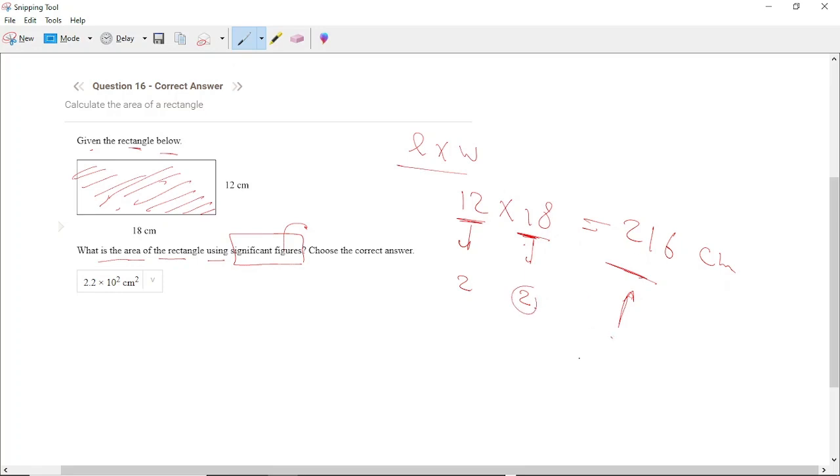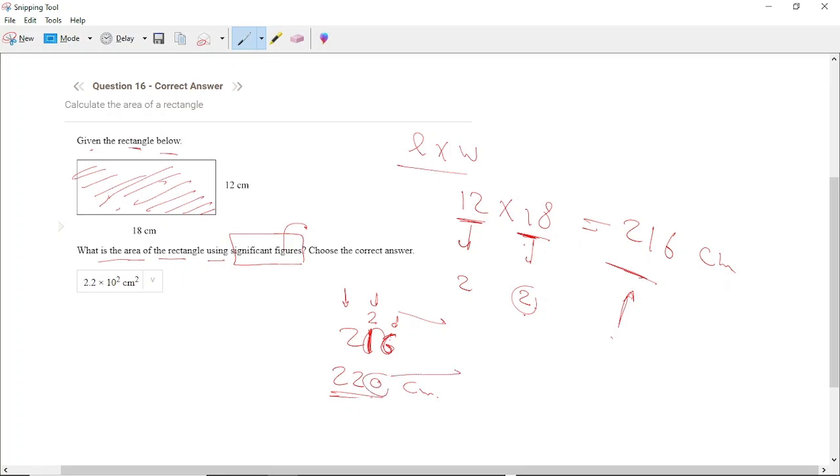So how will we do this? I have here 216. Two significant figures means 2 and 1. What about the other numbers? We have to round the number. We see the next digit is 6. It's more than 5, so we round it to 2. So the answer will be 220 centimeter, right?